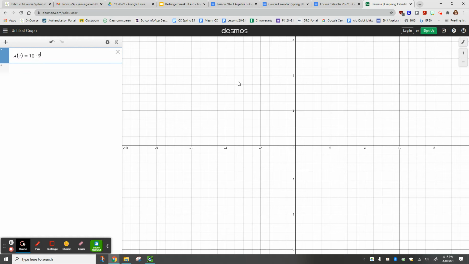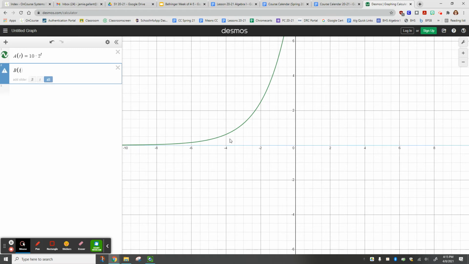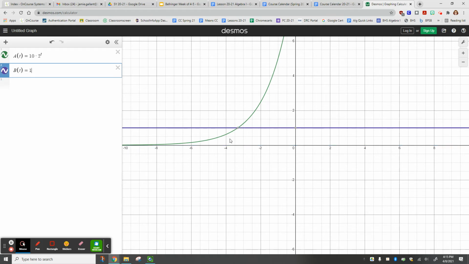Shift 6 gets the exponent, and we'll do t. That way our variables match what we did on the packet. Let's also do b of t equals 10 plus 600t.